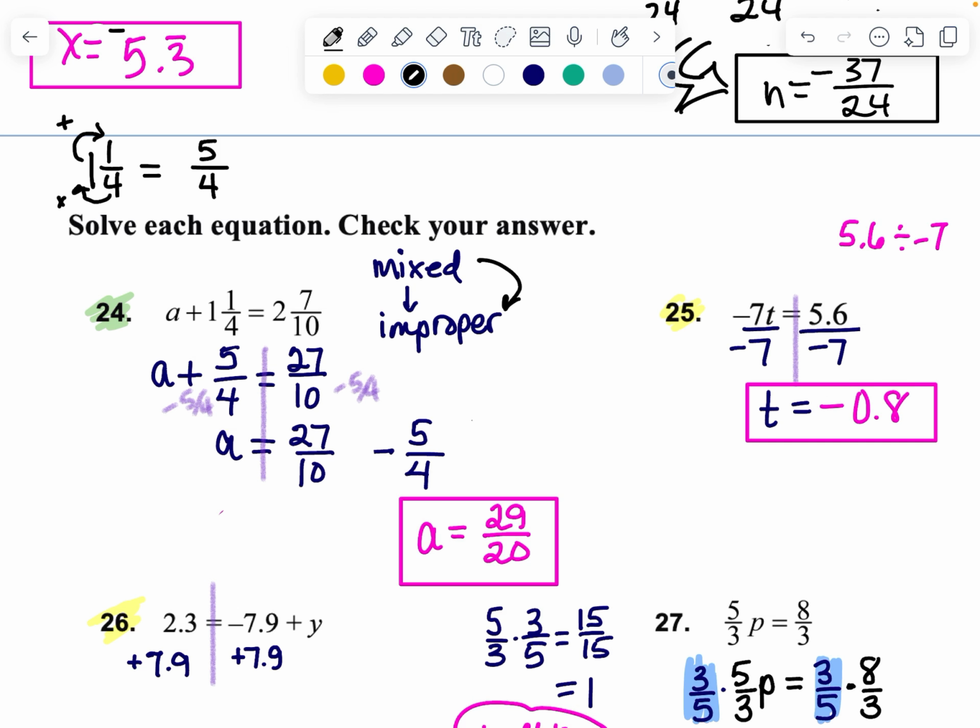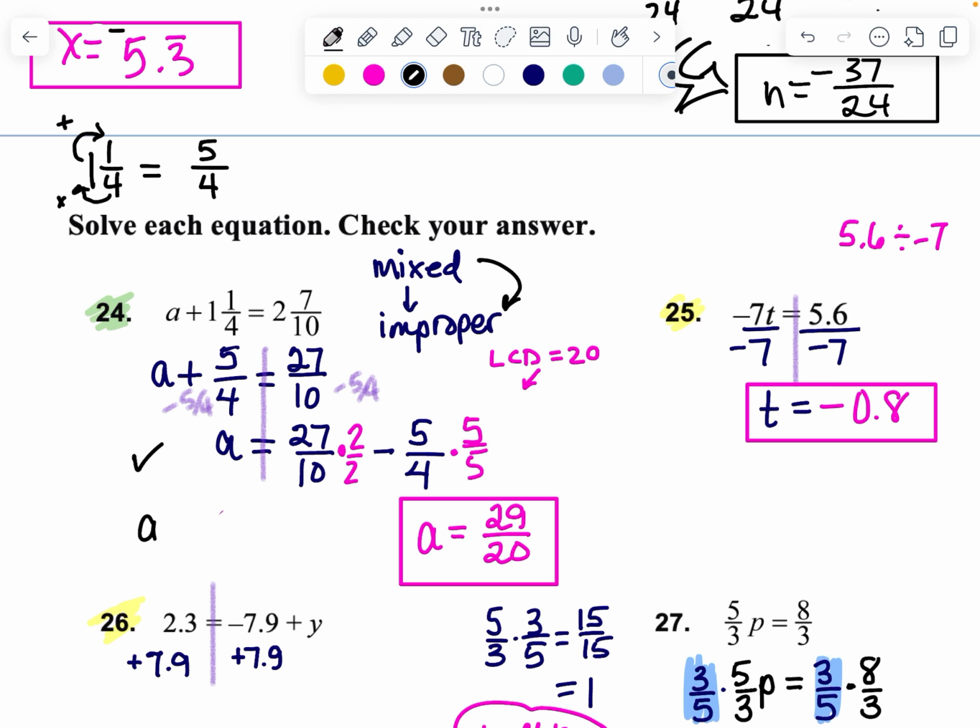So there's your equation. And when you subtract 5/4 and you get to this step, you're going to need another common denominator. And you have a 10 and a 4. So you're going to multiply to get a 20. So the LCD you want here is 20. And so I'm going to multiply by 2 over 2 here, and I'm going to multiply by 5 over 5 here.